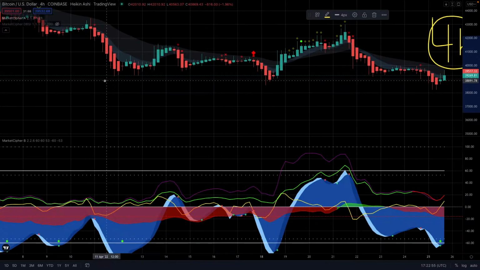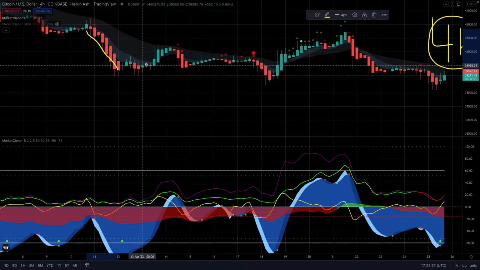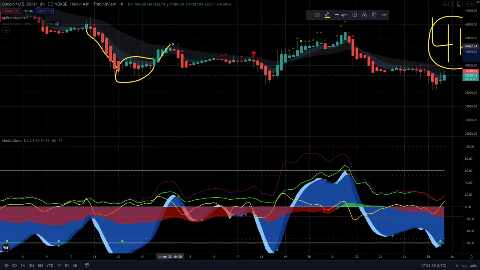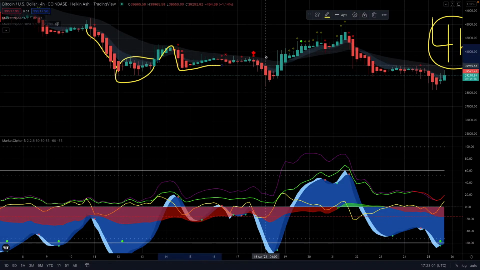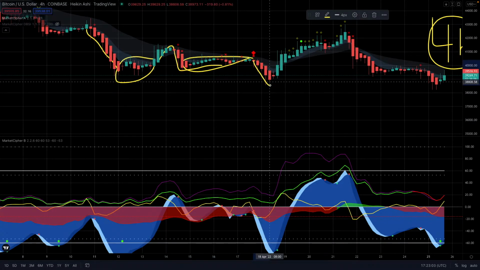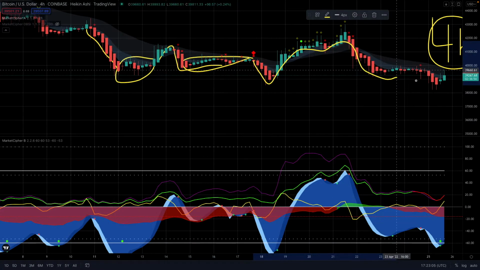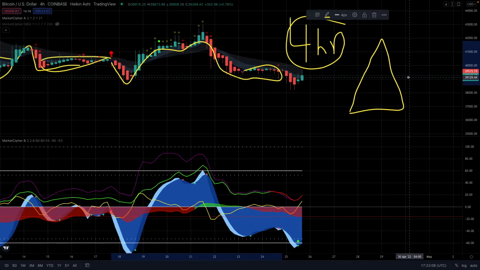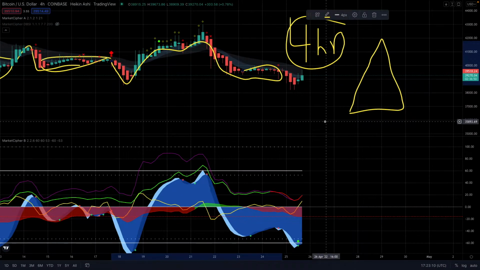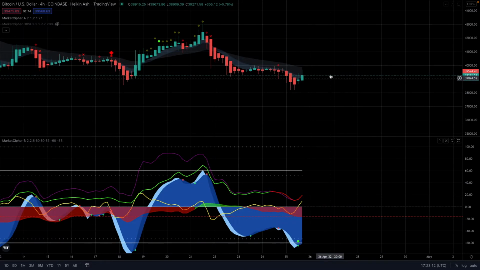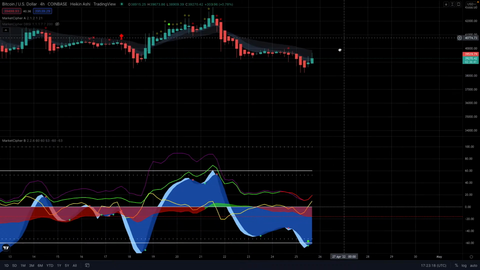Let me give you a practical example. Down here, consolidate here, then up, down, consolidate, down, up, down, consolidate. So your asset moves in three directions, either up or down, or consolidation.